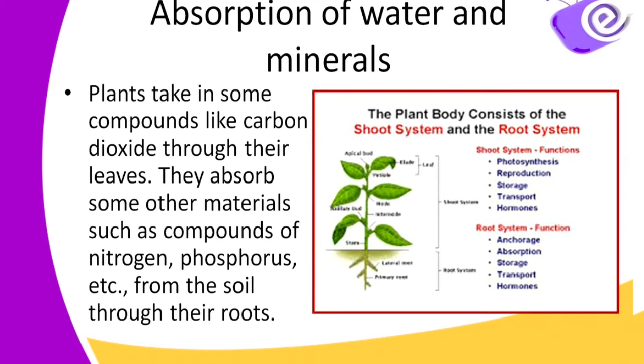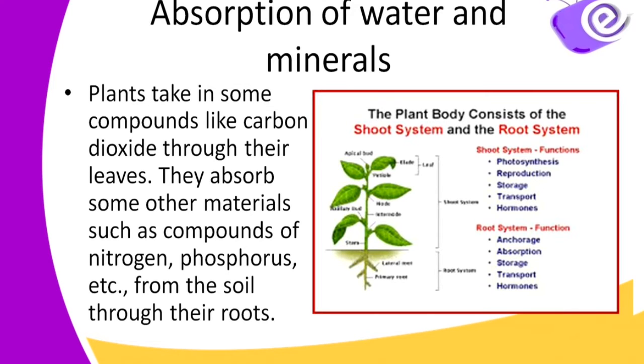The shoot system is also responsible for reproduction, and it stores the food synthesized by the leaves. It is also responsible for the transport of minerals and water, and for transporting hormones.